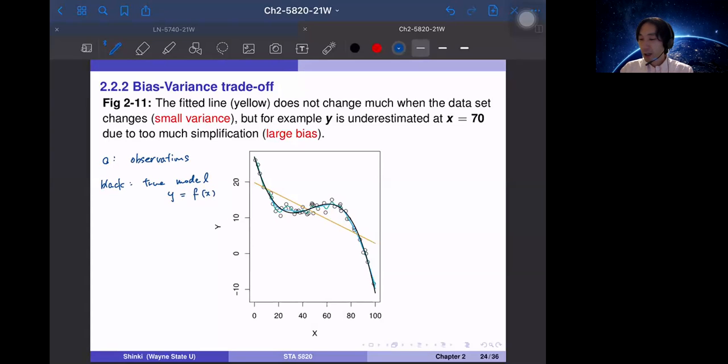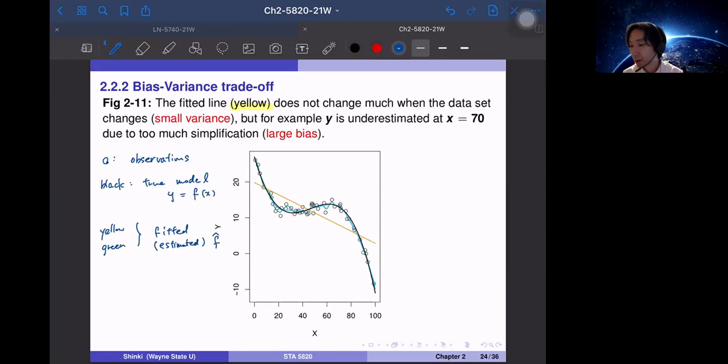And the green and the yellow are estimated lines, fitted lines. Estimated model, fitted or estimated f, so that is f hat.